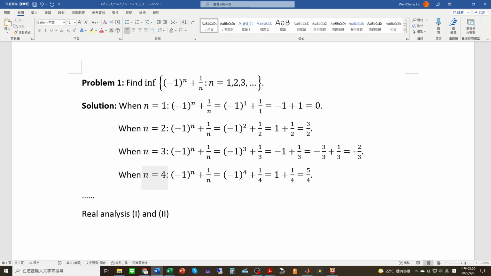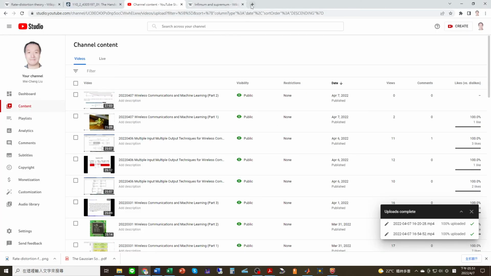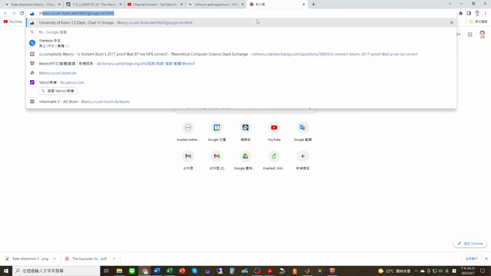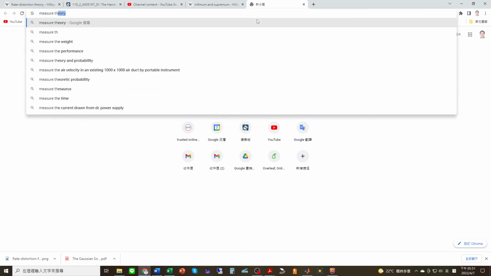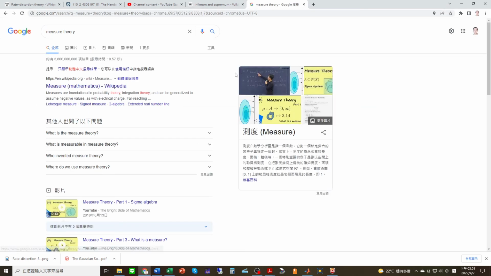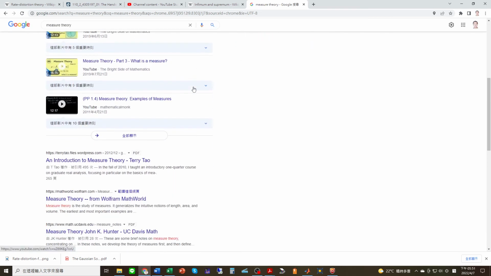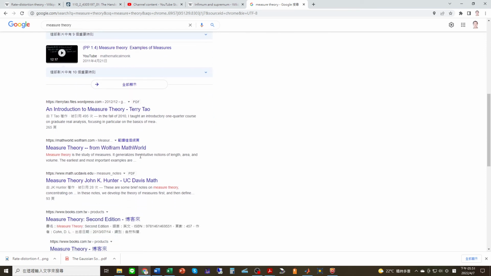And in Real Analysis 1, the first part is to introduce the measure theory. What is the measure theory? Let us search on the internet. Measure theory.